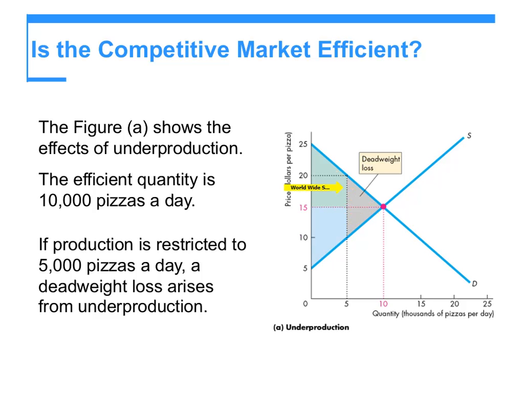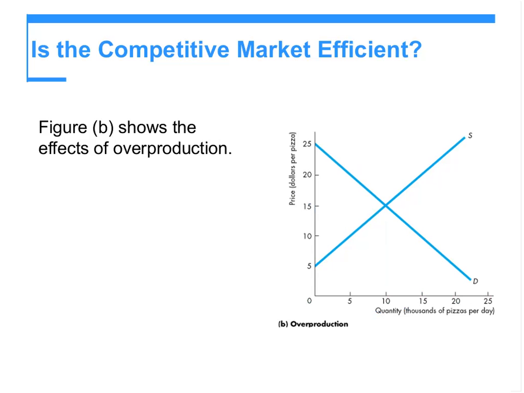Anyway, you cannot go more than 5,000 per day. So this loss will be this. We call this deadweight loss, which arises when you have underproduction. Now we're going to talk about going beyond the equivalent and how we can have deadweight loss after that.